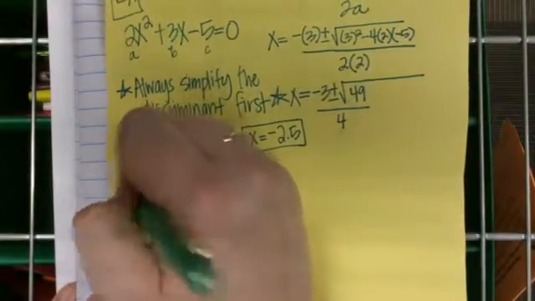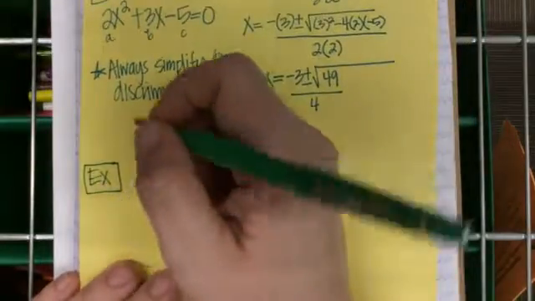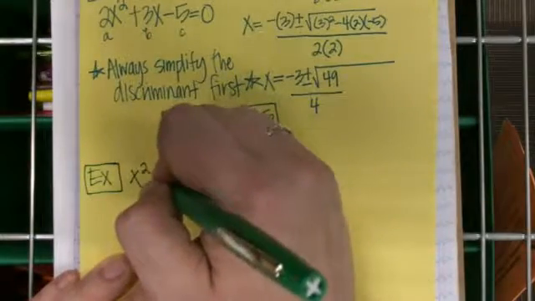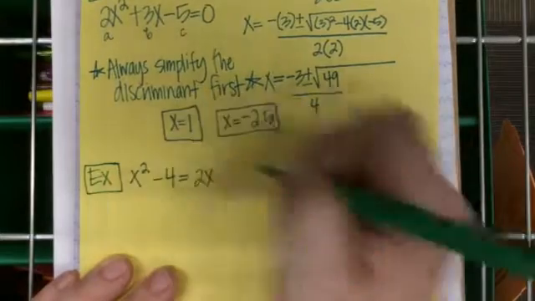All right, let's try another one. X squared minus 4 equals 2x.